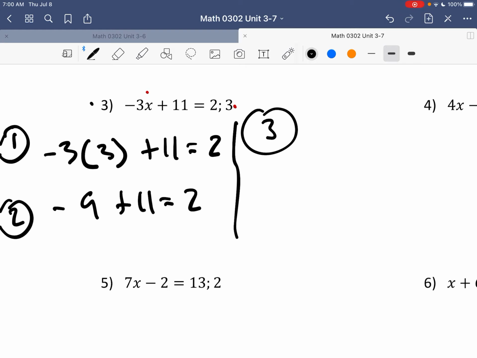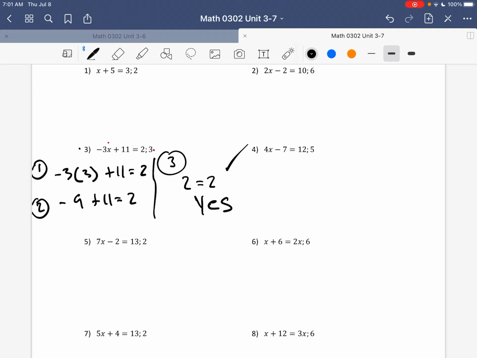On the left-hand side of the equation, negative 9 plus 11 is 2, equal to 2. There was nothing to do on the right-hand side, so the answer here is yes. The number 3 is a solution of the equation.